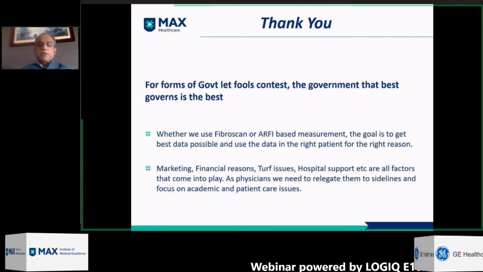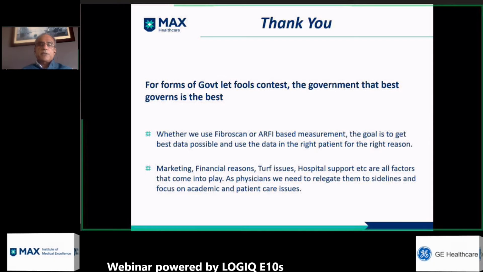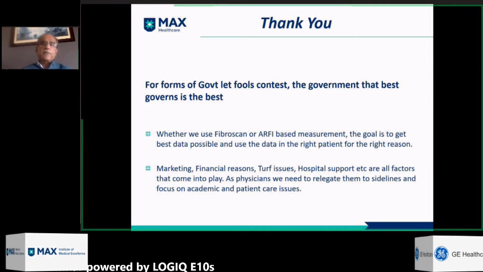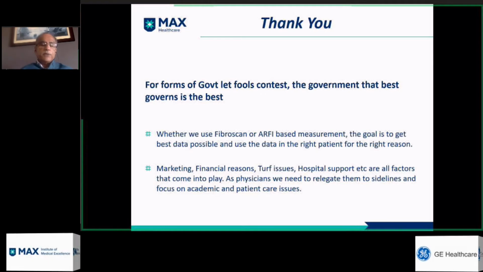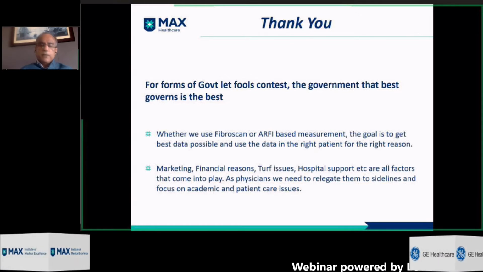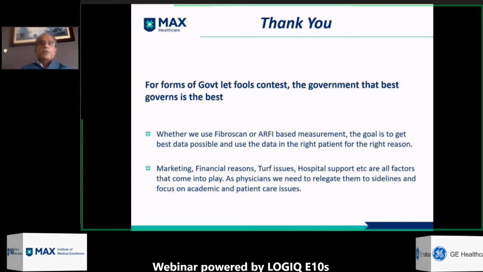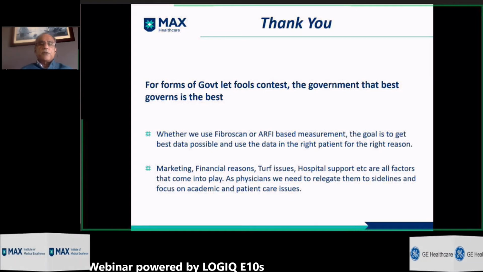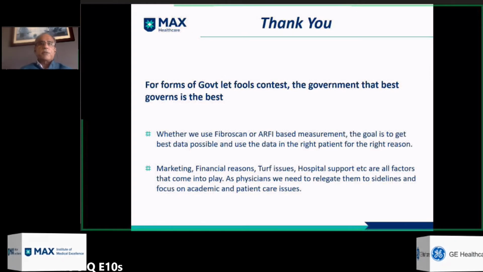But as a physician, we need to relegate them to the sidelines and focus on the academic and patient care issues. So that's why I said, if we don't have elastography available and we don't have FibroScan available, use the blood markers for taking care of your patients. If you have any of these facilities available, use them at the right indications, not for commercial reasons, but where it is indicated for the patient, use them appropriately.